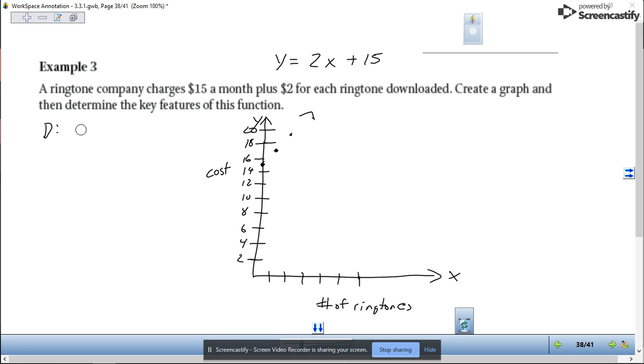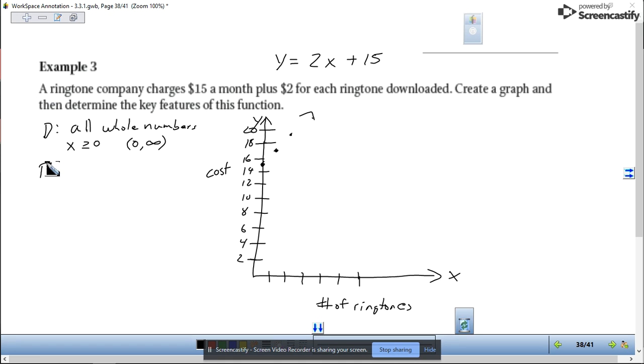So my domain is all whole numbers. Okay, I would give you credit if you said x is greater than or equal to 0, or if you said 0, positive infinity. But you do need to be aware that really in this problem, you're only talking about whole numbers.